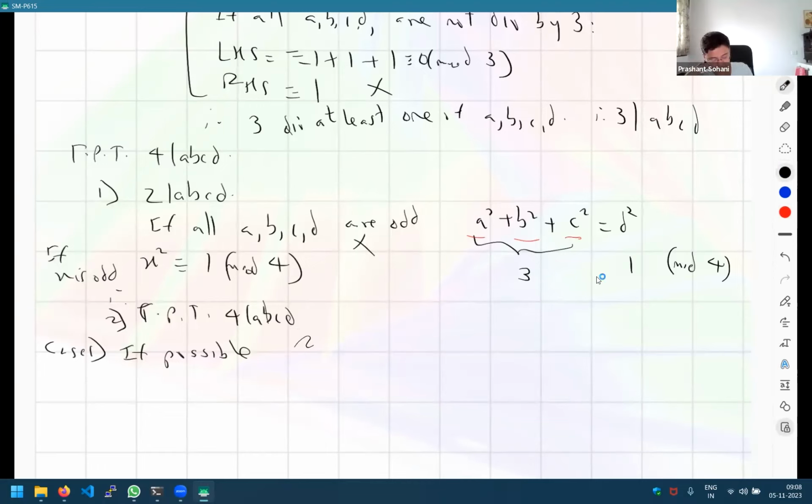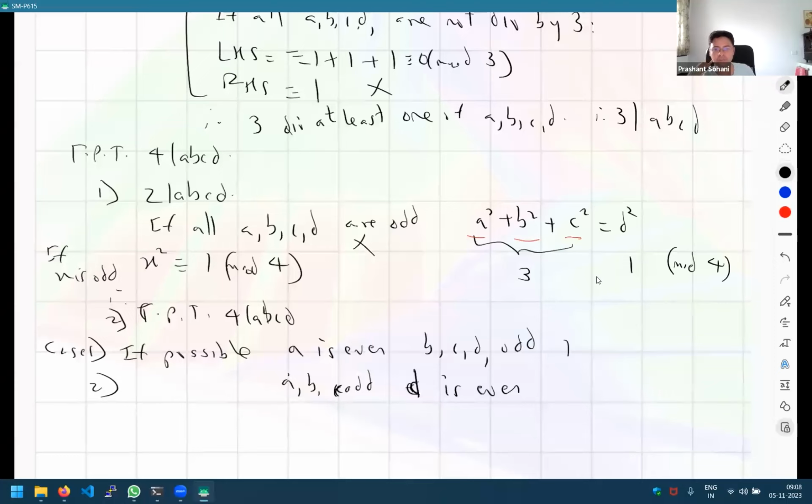So we can assume that A is even and all others are odd. So this is case 1. And case 2, where you assume ABC are odd and D is even. And in both cases, you will get a contradiction, because going by mod 4 logic, you will see there is some issue.